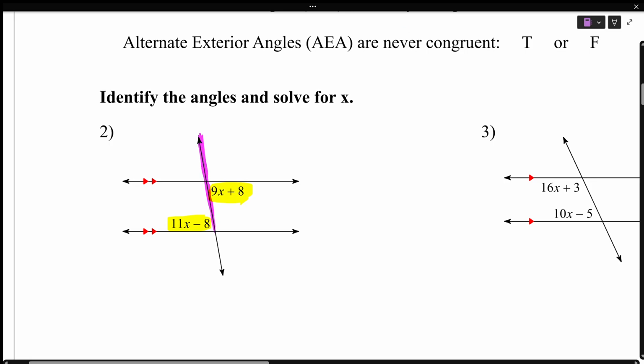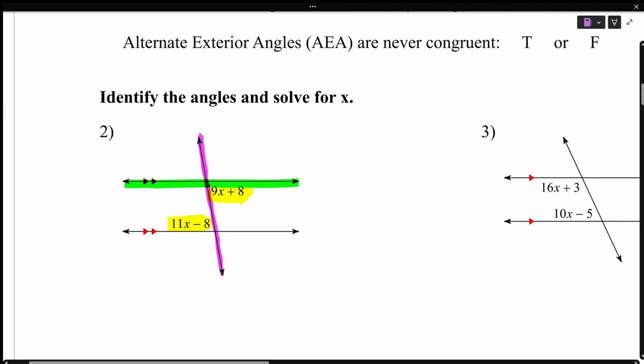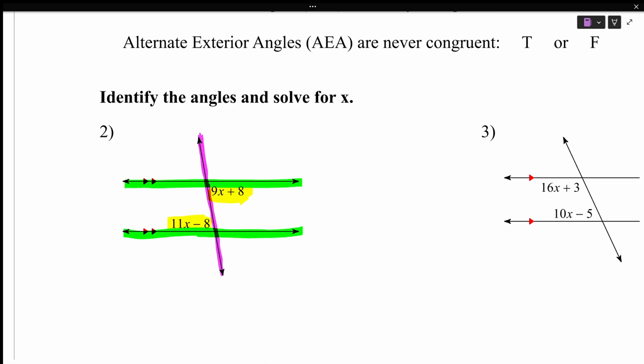Remember, transversal is just any line that cuts through two parallel lines, and the two parallel lines are here. So we're saying that they're on alternate sides. The 9x is on the right side, 11x is on the left side, but then it's also on the interior of the parallel lines. So what's the vocab word we're going to use here?